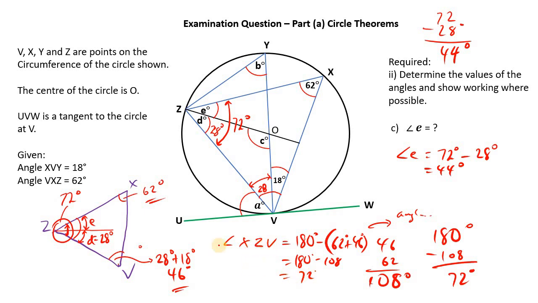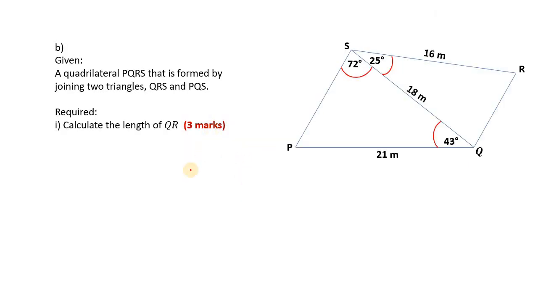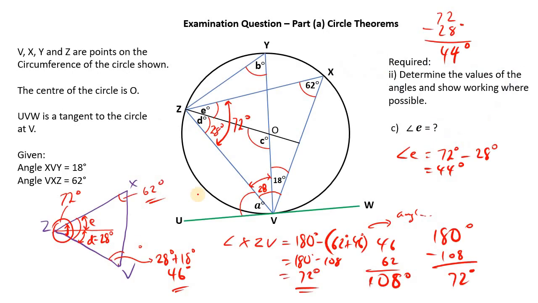So angle XZV is 72 degrees. And then I can say angle E plus D is equal to 72, right? And then I subtract the D portion, which is 28, from 72. That gives me the remaining amount, which is angle E, which is 44 degrees.